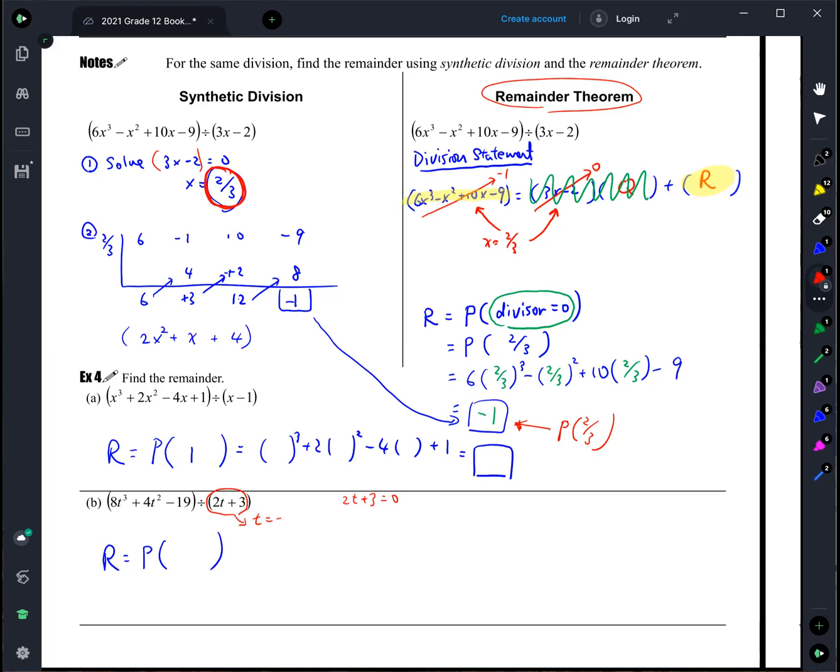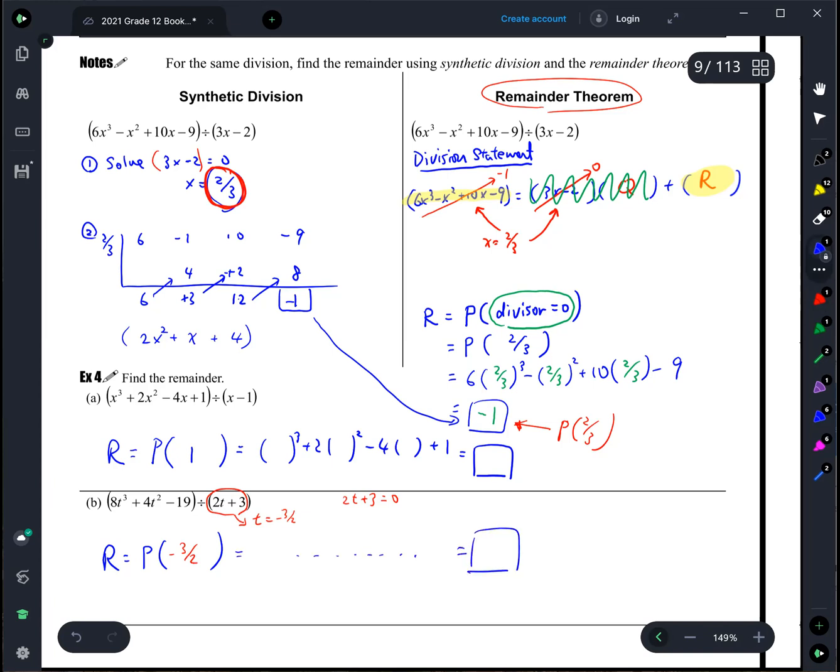Oh, negative 3/2. That's right, okay? So negative 3 over 2, you will put it into your t, into the dividend, to find the remainder. All right, so everyone complete these two. Raise your hand when you're done.